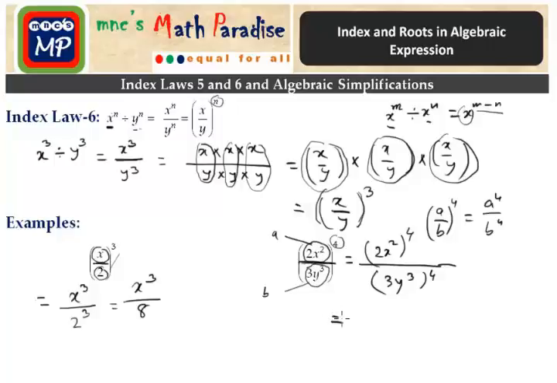Now in the numerator, this power 4 is on 2 as well as on x squared, because in index law 5 we saw that if we have x times y to the power n, we can distribute it like x to the power n times y to the power n.